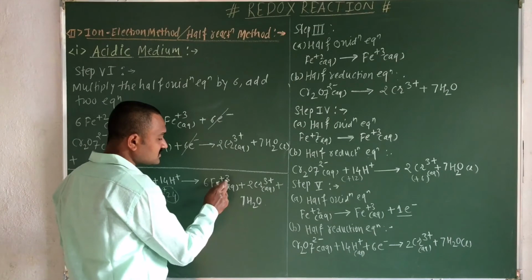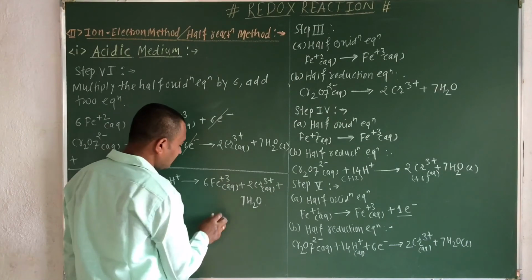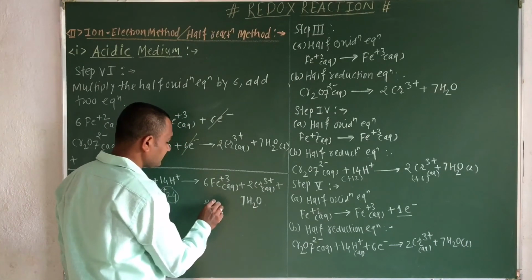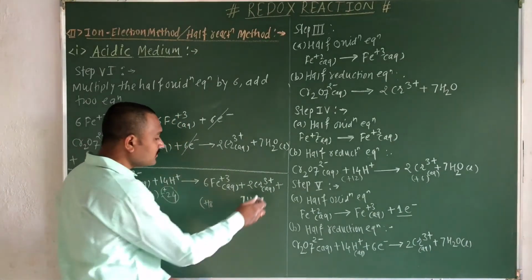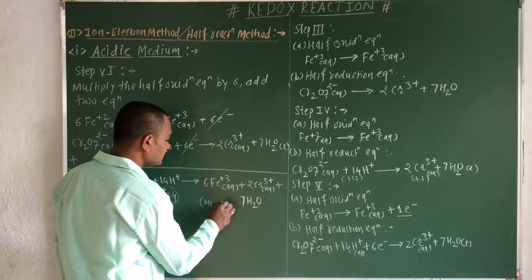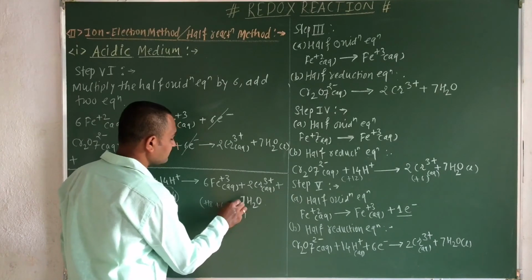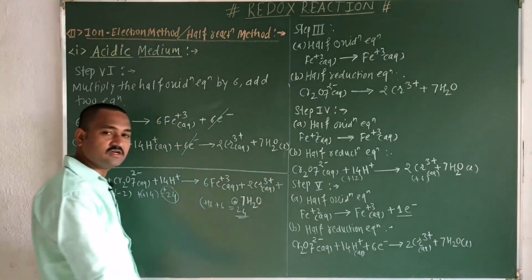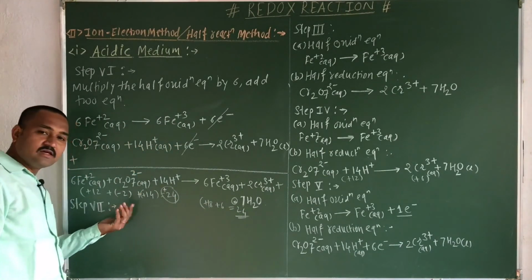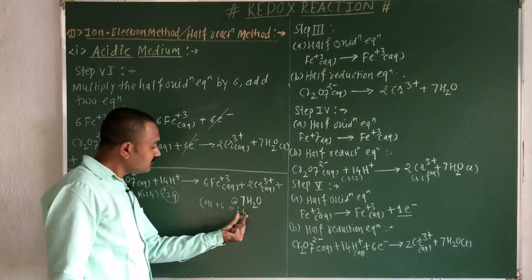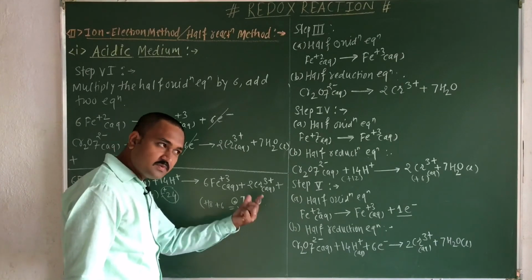On the right, 6 into 3, that will be the plus 18 charge, and 2 into plus 3, that will be the plus 6, so that comes out as a plus 24 charge. So the charges are also balanced. On your left hand side there is a plus 24 charge, on your right hand side there is a plus 24 charge.